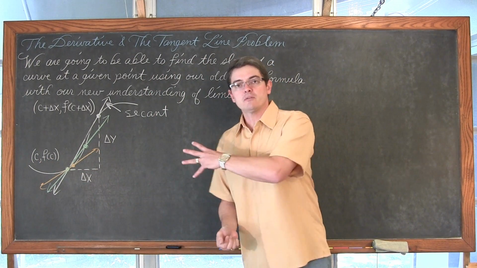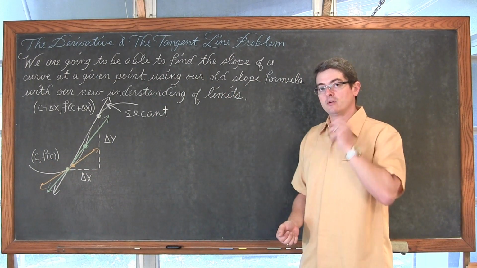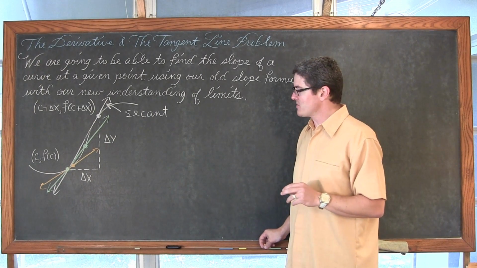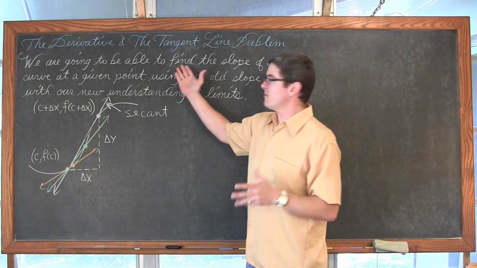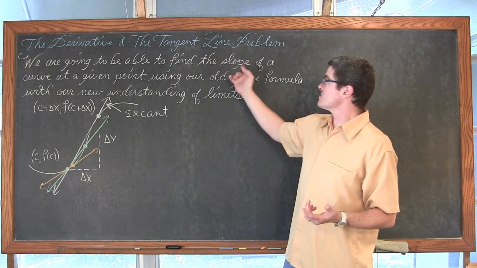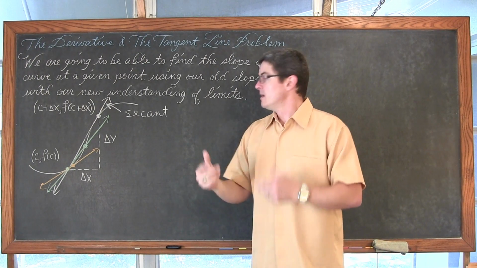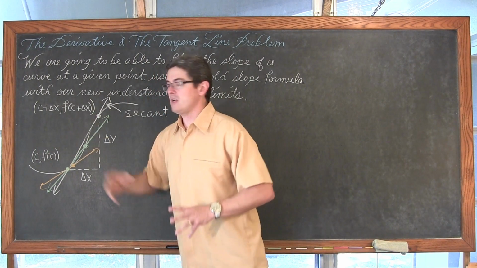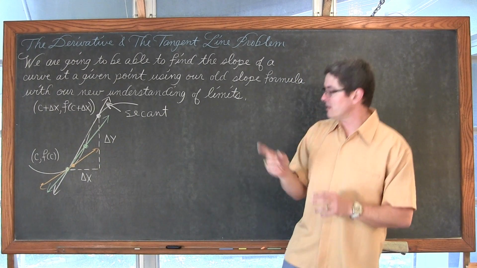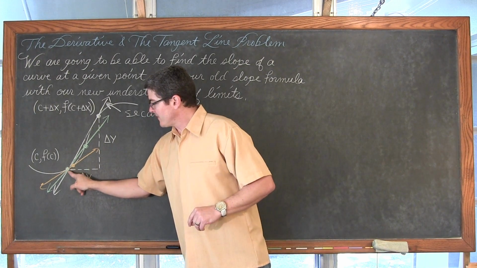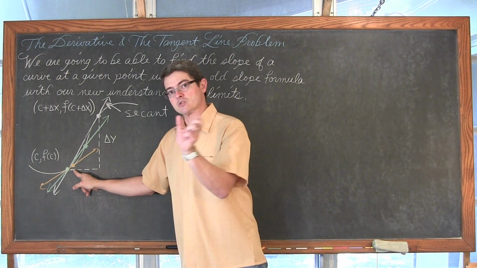Now, what I'm going to step off here and reveal to you is some notes about how we can remind us of what our old slope formula looks like, move it into function notation, and then introduce these variables here and show you how limits can allow that delta x to reduce to 0.